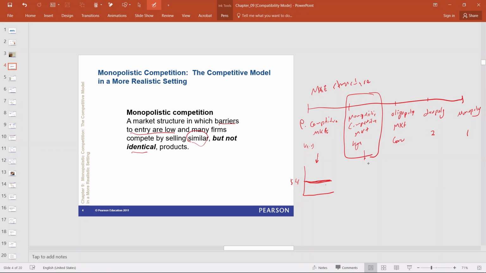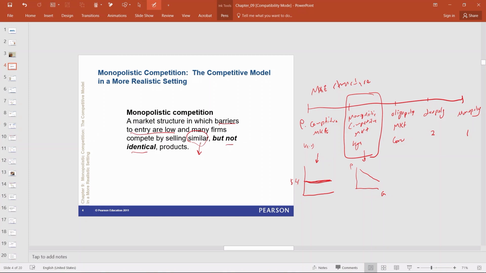Unlike in the monopolistic competitive market, the demand curve is downward curve like this, here price and quantity. So this means that firms have some control on market price and they can set some different price than the market because, as we said, the products they offer is almost similar but not identical.